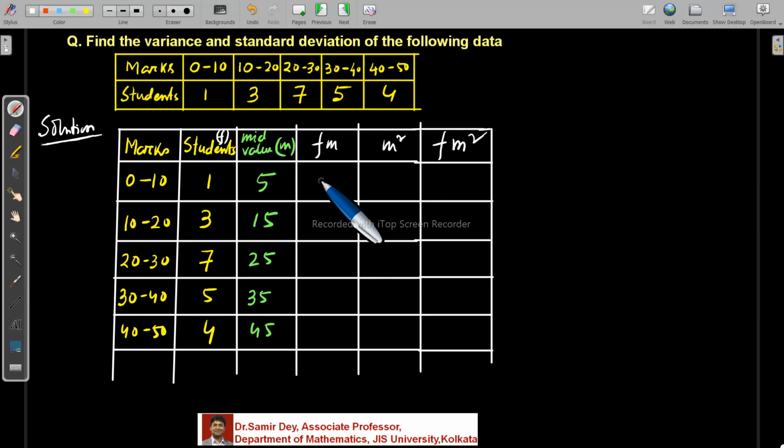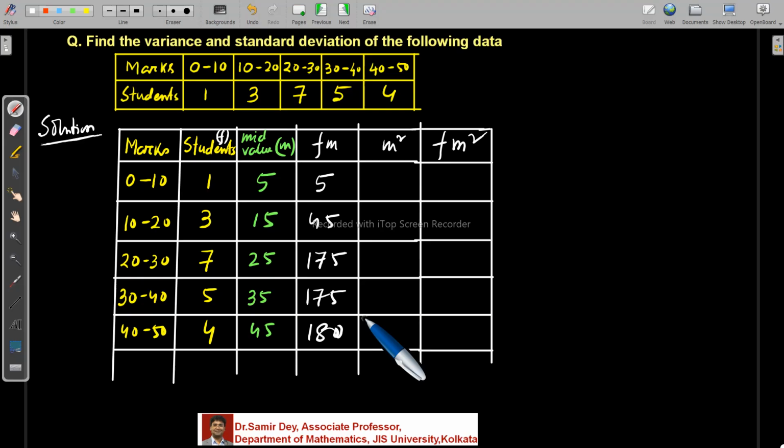Now if I calculate fm, it is 5 into 1 is 5, 3 into 15 is 45, 7 into 25 is 175, 5 into 35 is 175, 4 into 45 is 180. Please check.